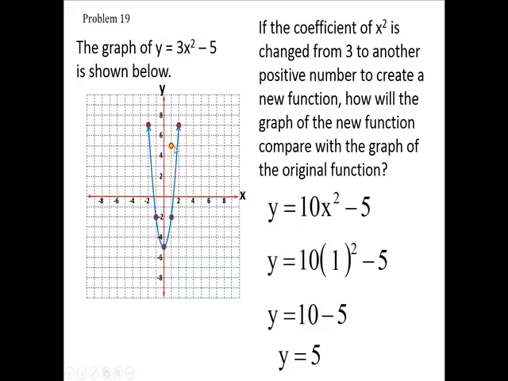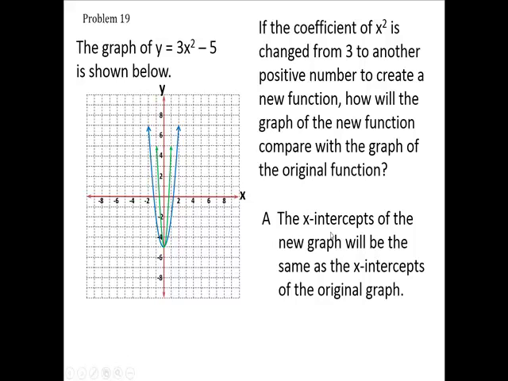Over on the other side, you're going to have a point too. If you put 0 in here, y is still going to be minus 5, so the point (0, -5) works. So this is what your new function is going to look like. The green graph represents this function, where the only thing we changed was the coefficient of the x squared from a 3 to a 10.